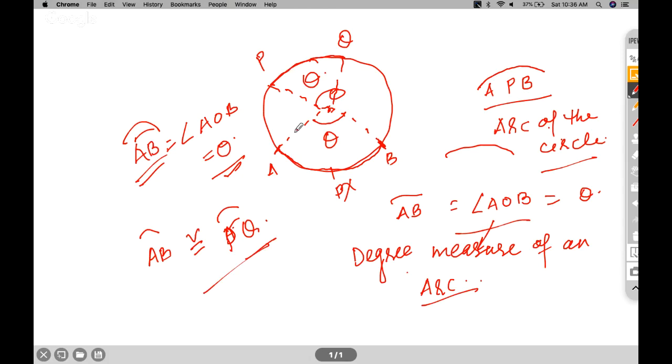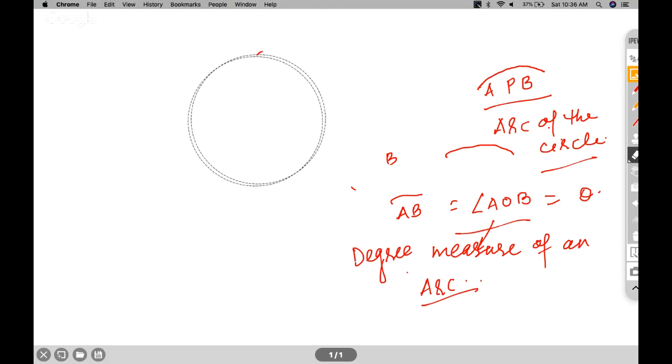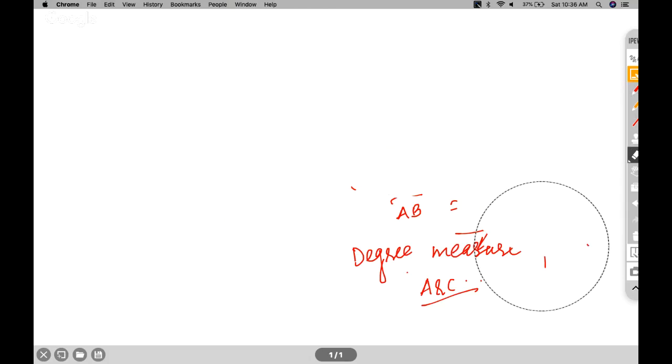Now, semicircle. We all know half of the circle is known as a semicircle, or when the arc subtends 180 degrees on the center, that arc is a semicircle.